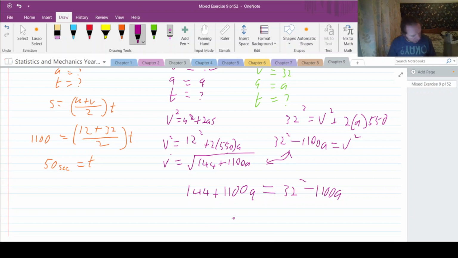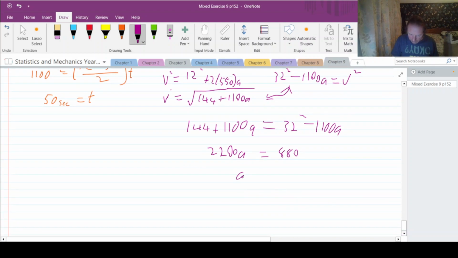So 32 squared is 1024. We'll bring that over, we'll get 2200a is equal to 1024 take away the 144, 880. And then a is equal to 880 divided by 2200.